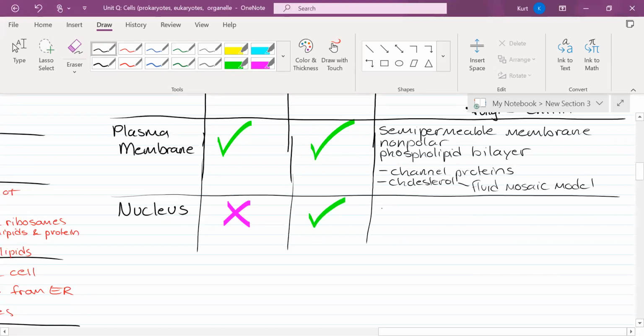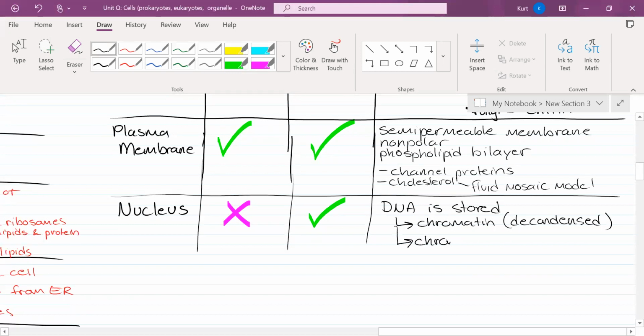The nucleus is where DNA is stored. That DNA can either be chromatin, in which it is decondensed, or it could be chromosomes, in which it can be condensed.